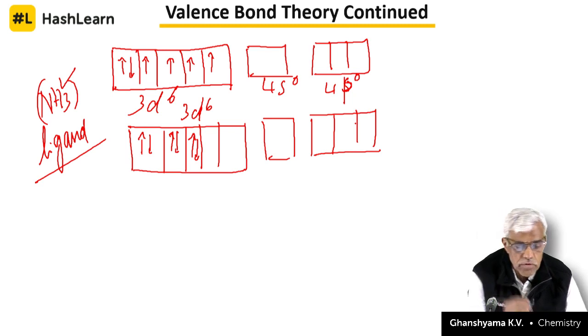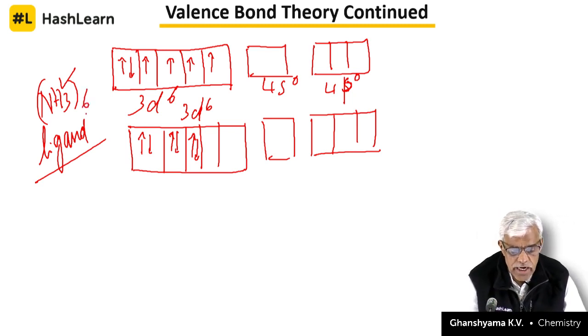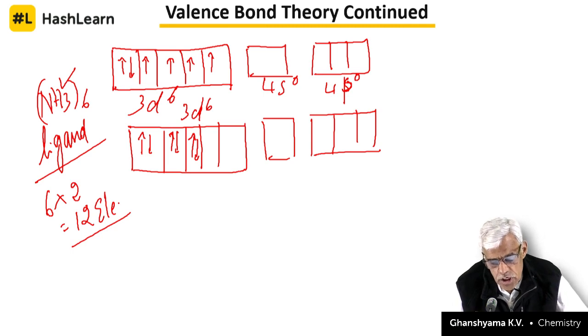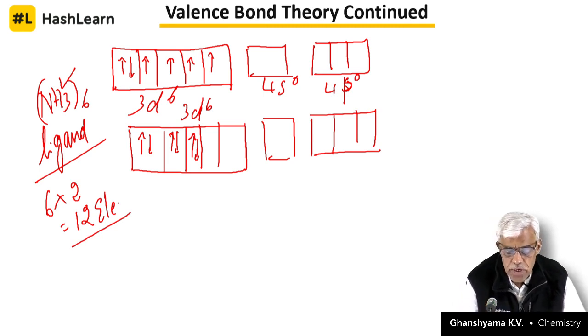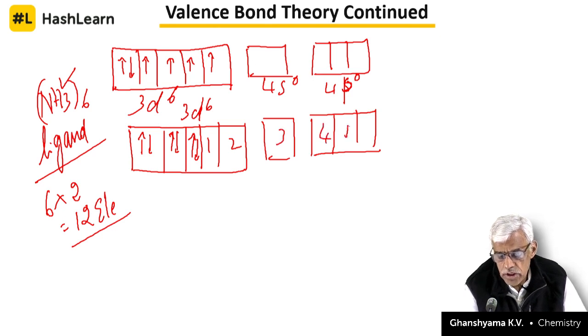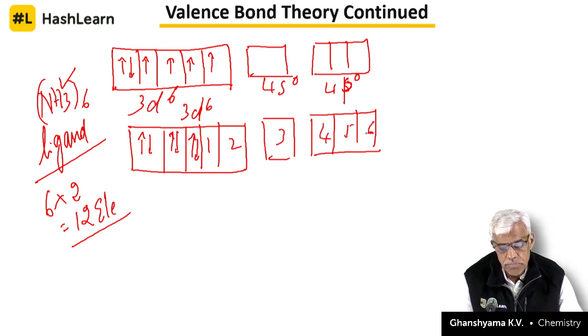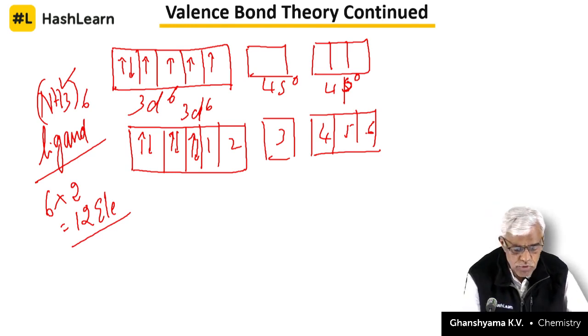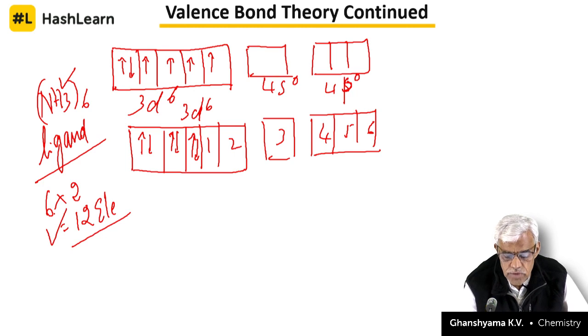There are 6 ammonia ligands, giving 6 into 2, 12 electrons or 6 pairs of electrons. The 6 pairs are accommodated in the 6 vacant orbitals, but these are of different energy, while the 12 electrons are of the same energy.